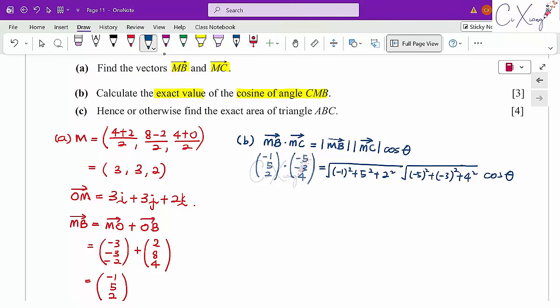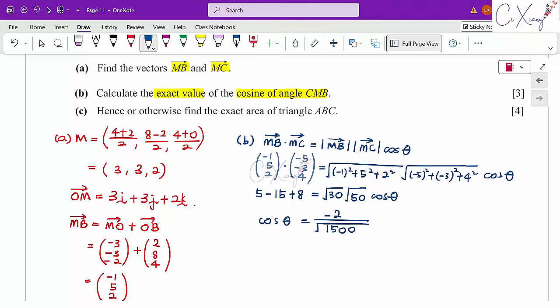Okay, so continue further. For the dot product, -1 times -5 gives 5, then -15, then plus 4 times 2 is 8. Then on the right hand side, you have square root of 30 and square root of 50. The value of cos theta that we have here is -2 divided by square root of 1500.